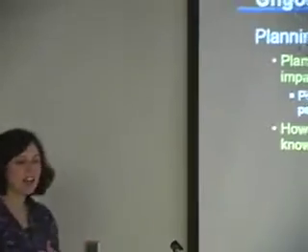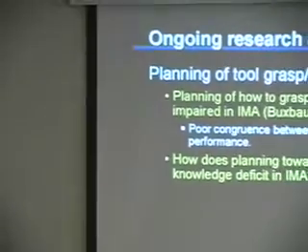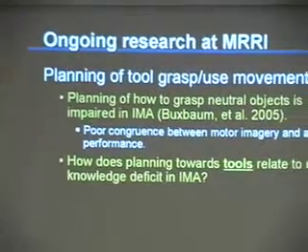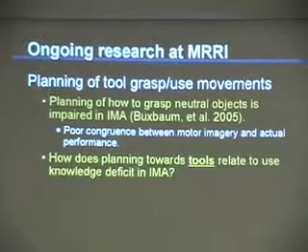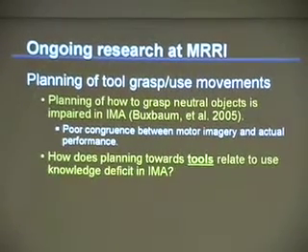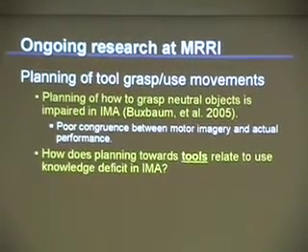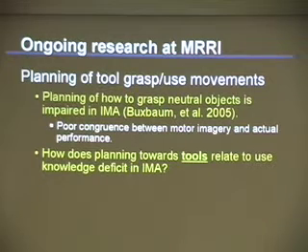We're doing an ongoing study right now that's looking at planning of tool grasping and using types of movements in apraxia and other controls. Part of the idea is based on a study that Laurel did recently showing that planning of how to grasp neutral objects is impaired in representational apraxia.